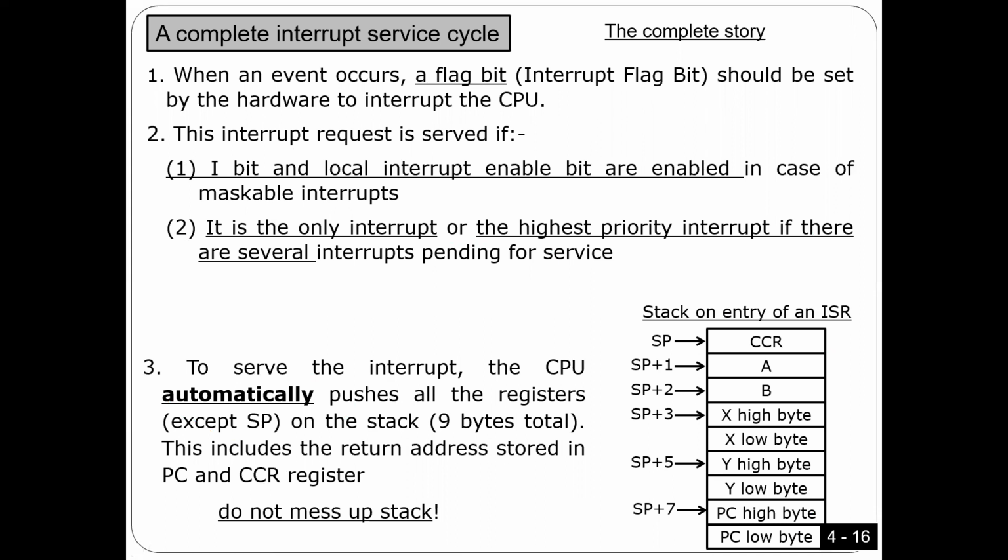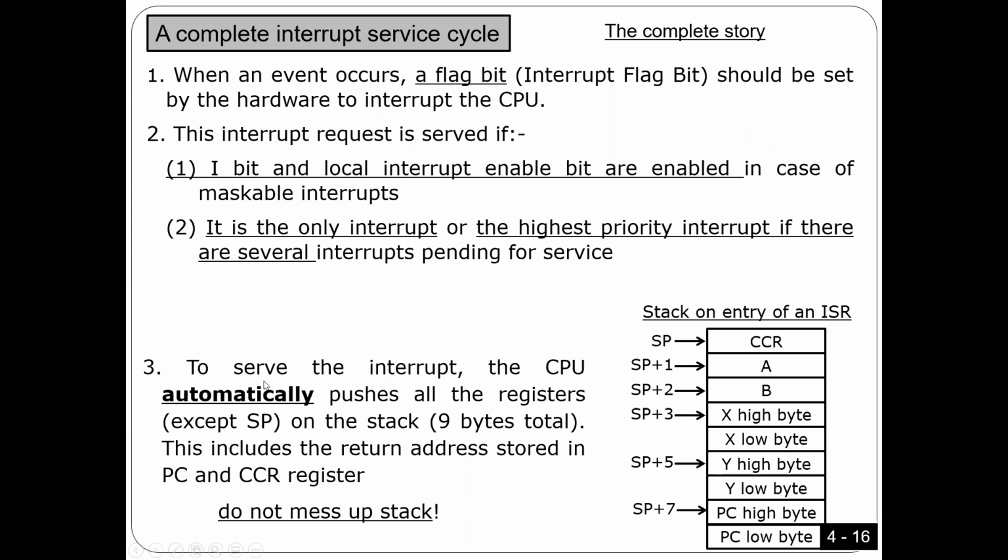To decide, number one, it has to see if it is enabled or not. So it has to check the I bit, also the local interrupt enable bit, okay? Number two, it also has to see if this is the only interrupt or there are multiple interrupts, but this one has the highest priority, okay? If this is the case, so now yes, I'm going to serve it, okay?